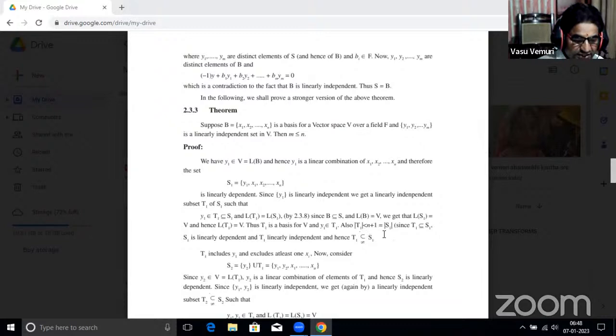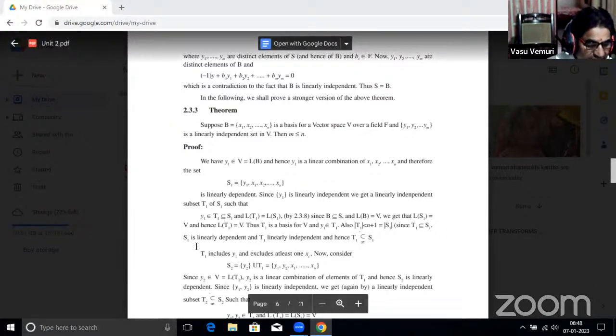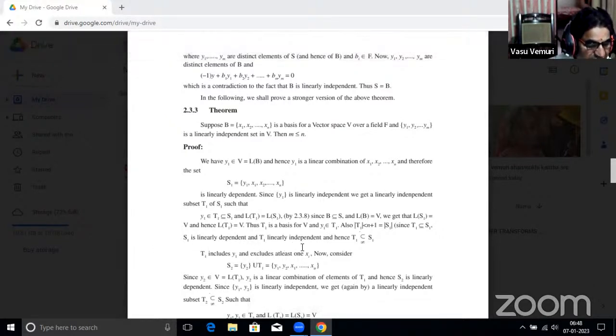Now that value is equivalent to mod S1, because T1 is contained in or equal to S1. When S1 is linearly independent and T1 is linearly independent, T1 is a proper subset: T1 is directly contained in S1 but is not equal to it. T1 includes y1 and excludes at least one xi value.